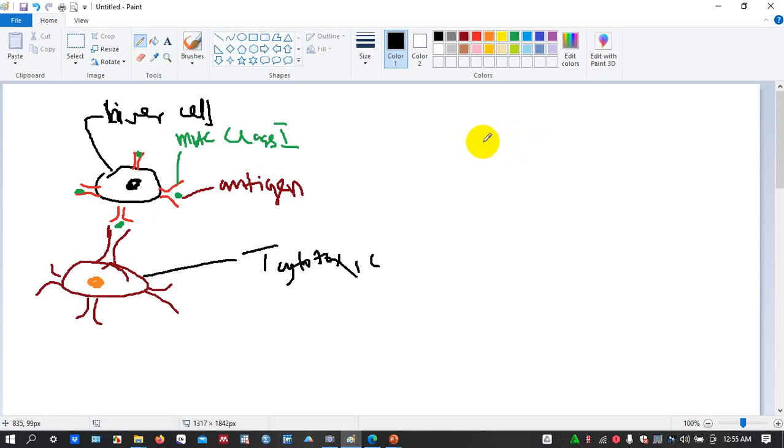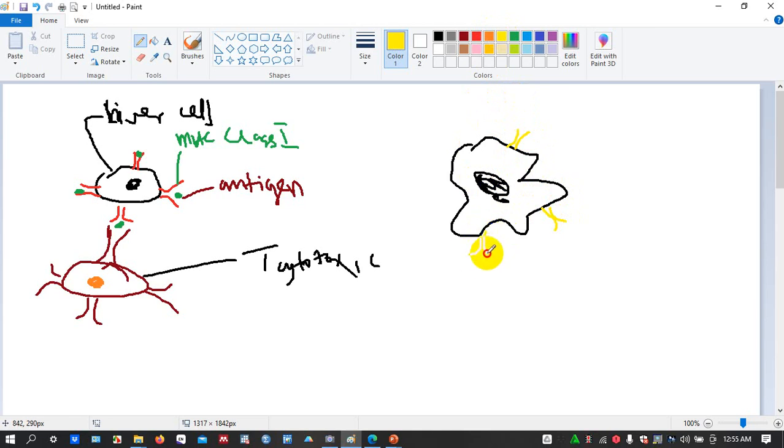Class 1 uses nucleated cells, but class 2 uses antigen presenting cells like the macrophage. The macrophage will swallow the organism up, then after swallowing it, it will display its antigen on its surface like this.